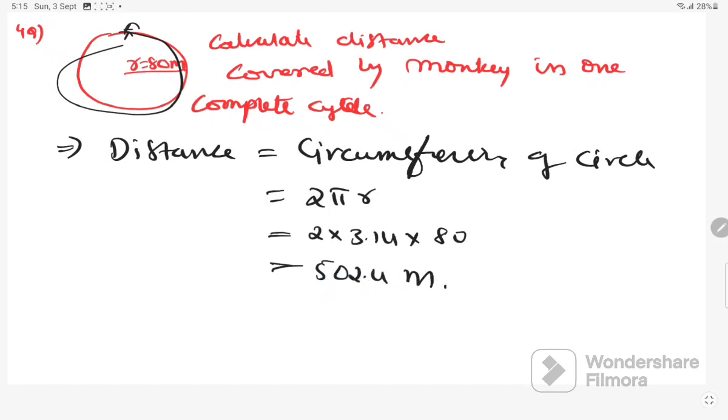So the monkey is covering 502.4 meter overall. Is it clear, all of you? Right. So the concept is clear. First of all, here distance around the circle will be 2 pi r. Displacement around the circle will be 0. Okay, everyone? Right. Yeah, observe it everyone for a while.